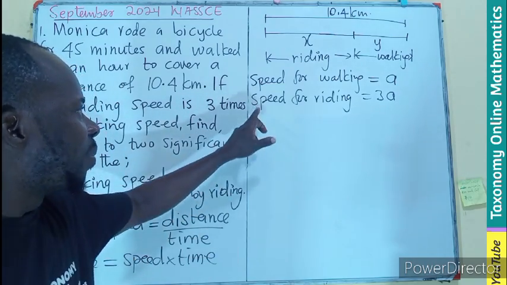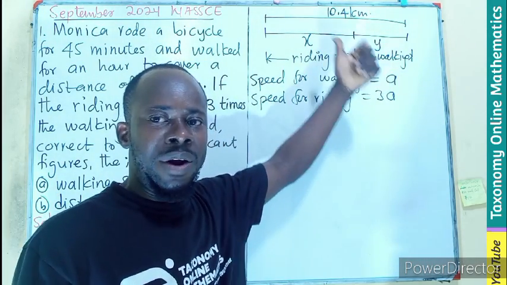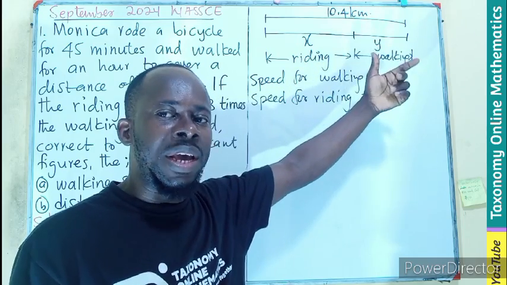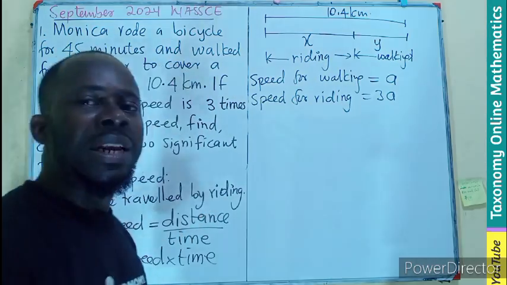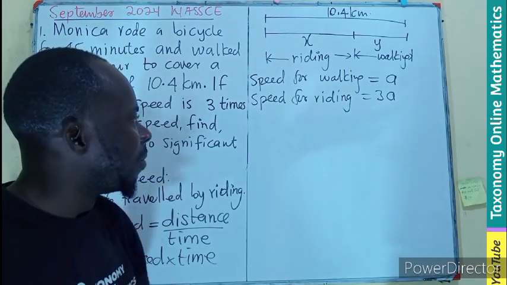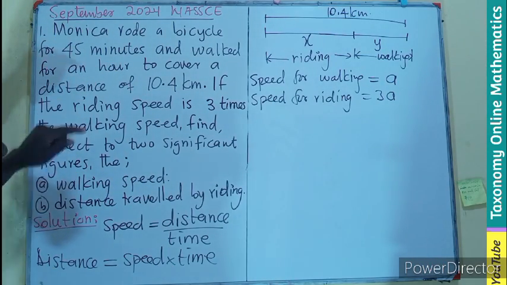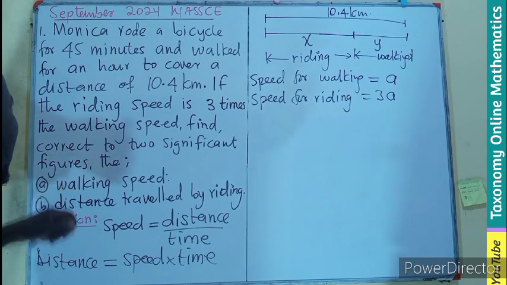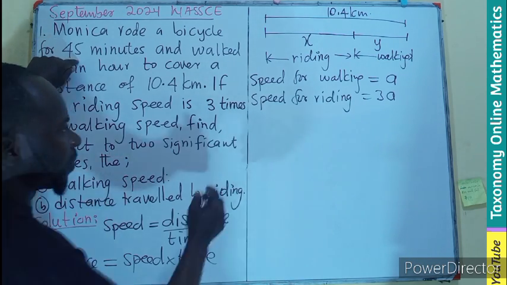If you are saying that the speed in riding is 3 times the speed in what? Walking. So if I know what the speed is in walking, times 3 will give me that of the riding. Alright, so with this information given out, let's see if we can also apportion the times. So time for riding, okay?